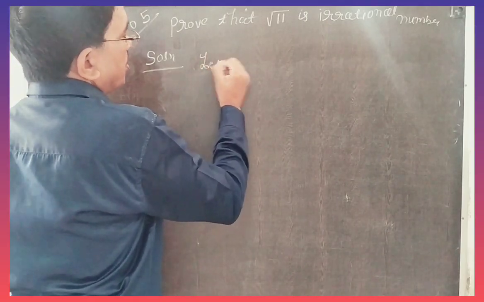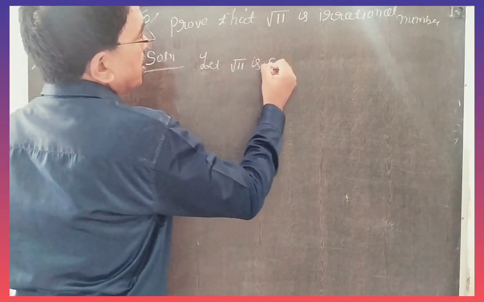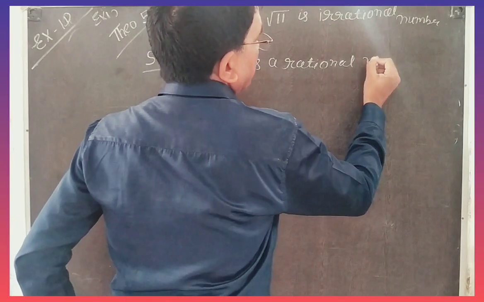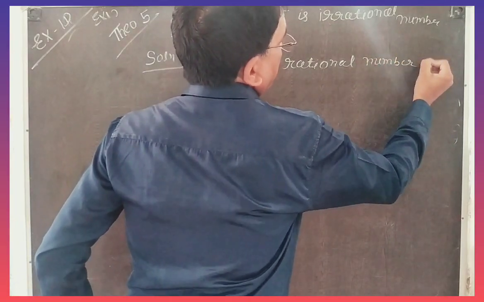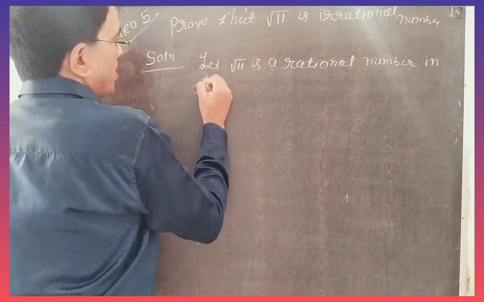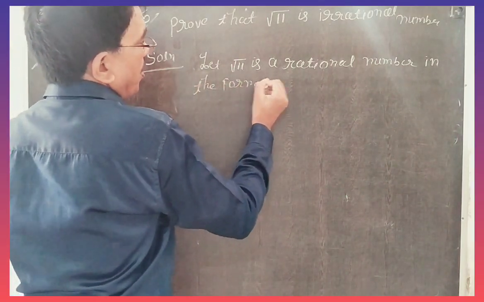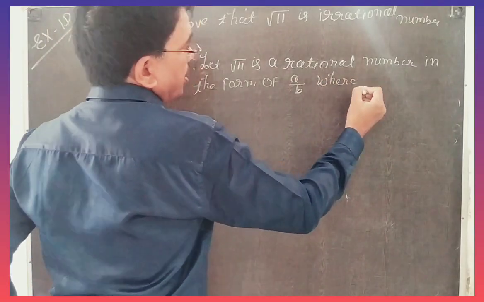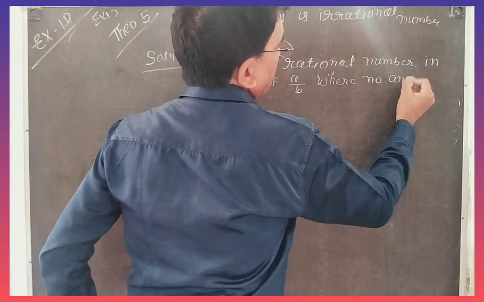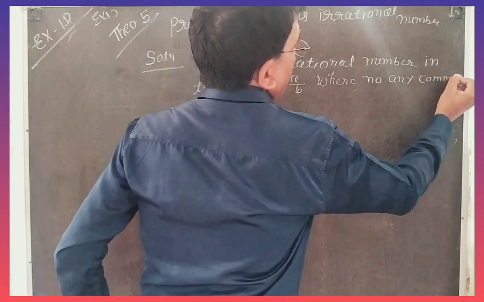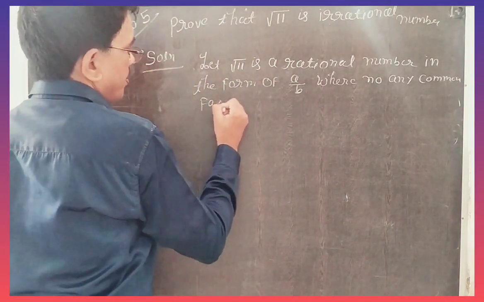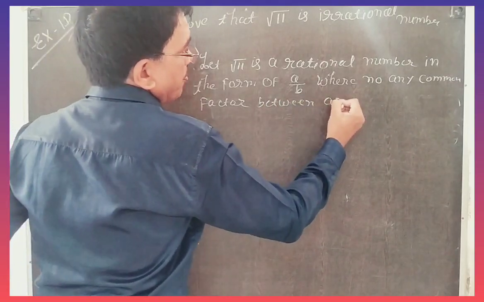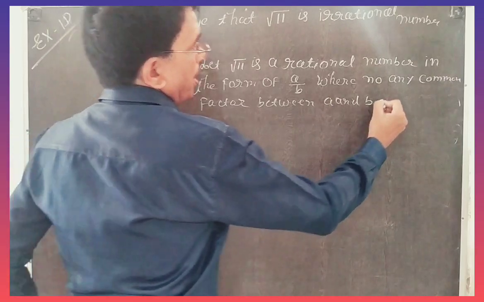Let root 11 be a rational number in the form of a by b, where there is no common factor between a and b other than 1.